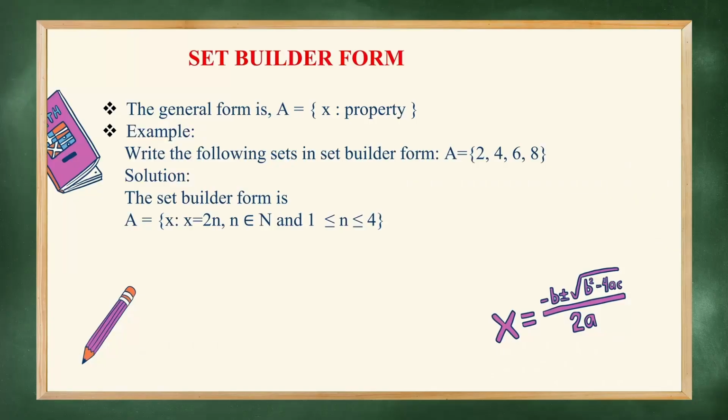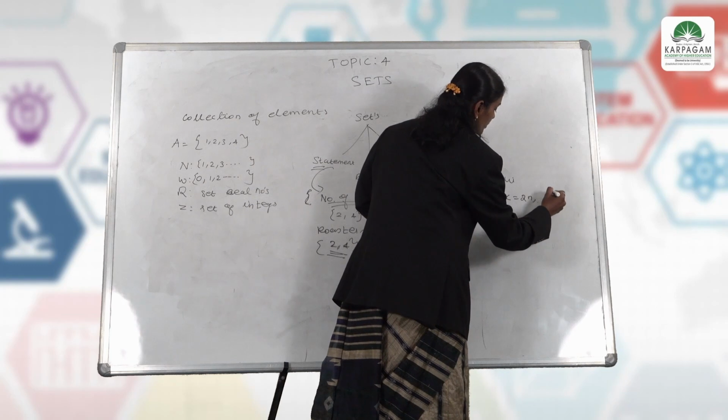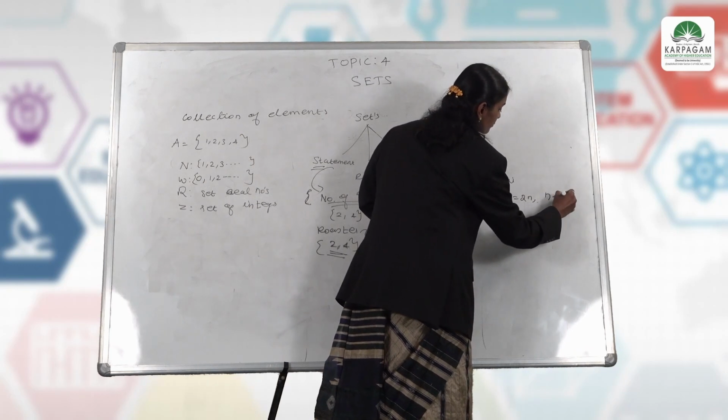And set builder form. In the set builder form, we denote the set by a capital letter, not only A, you can take anything. So A = {x such that x = 2n}, and here we have to mention that n should be less than 5.